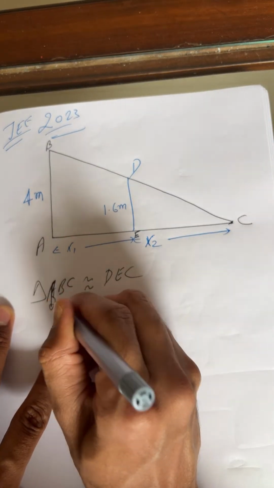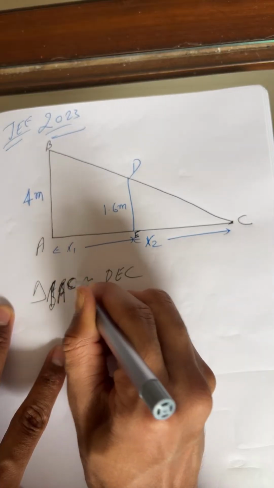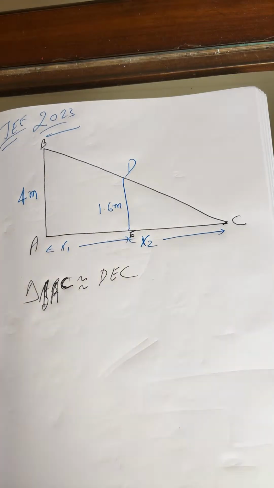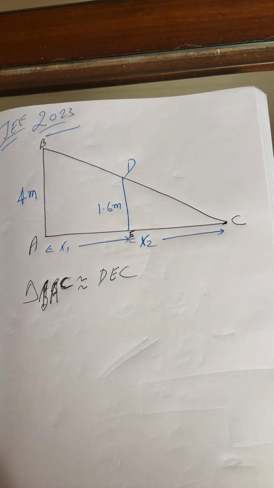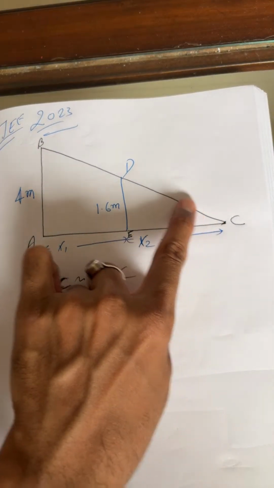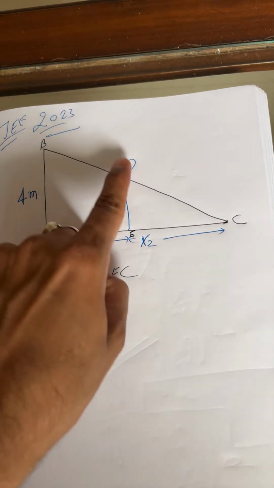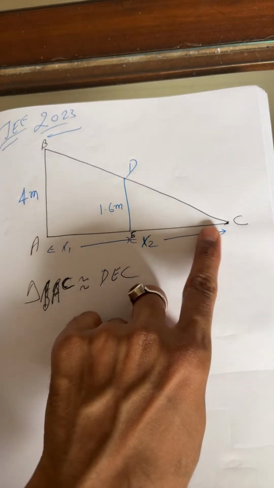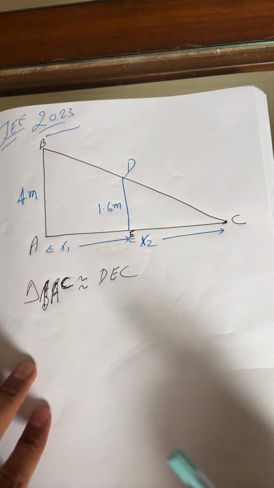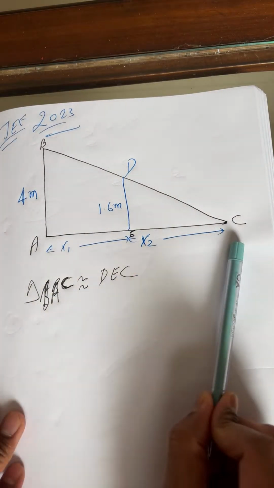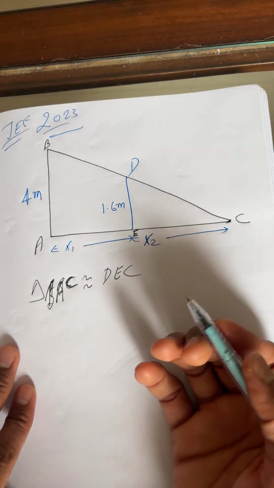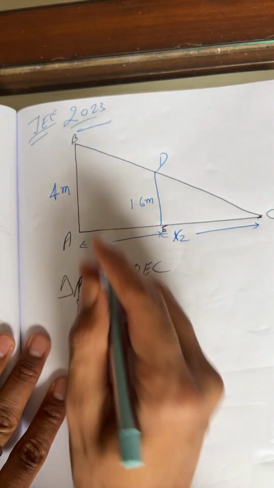So here you can also write, this is BAC. Again, I'll repeat. This is what remains similar. So I can say triangle BAC is similar to triangle DEC. Just apply the property of similar triangles.